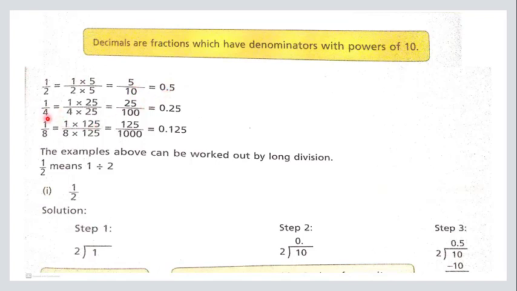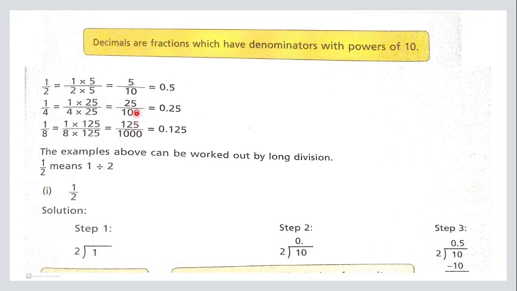Now coming to 1 by 4. This 4 can be changed into a number which is a multiple of 10. For example, if I multiply and divide by 25, so 25 ones are 25, 25 fours are 100. Now this 100 is a multiple of 10 because 10 tens are 100.